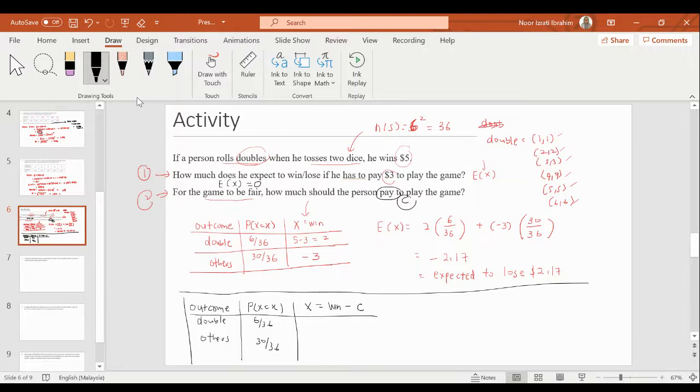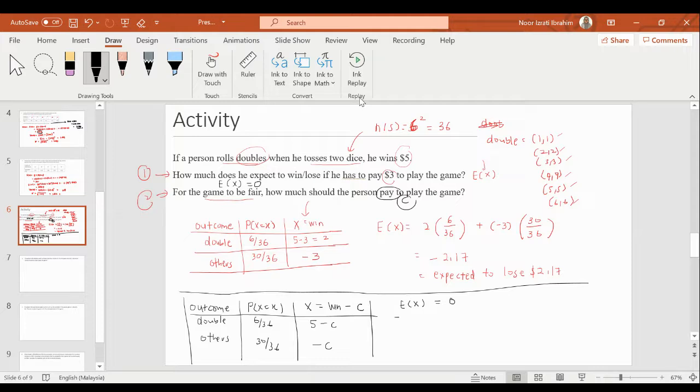So if he gets a double, he wins 5, so 5 minus the unknown C. If he gets others, he will need to pay C, negative C. So we need to find the unknown C by using the expected value of X, or expected win or lose, equal to 0.